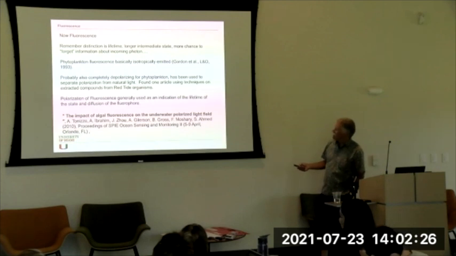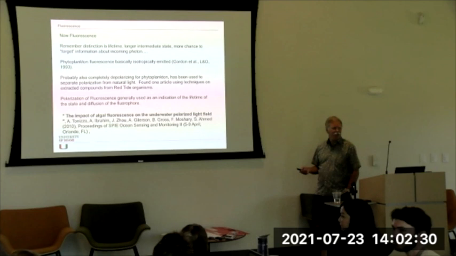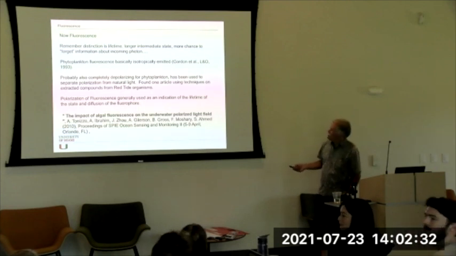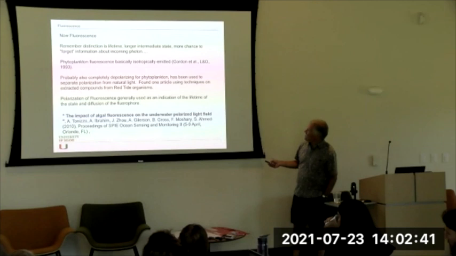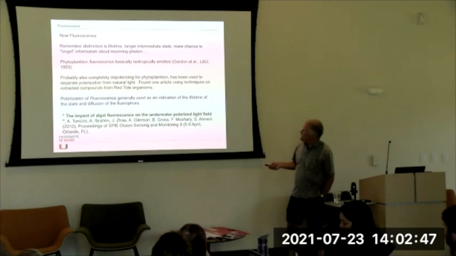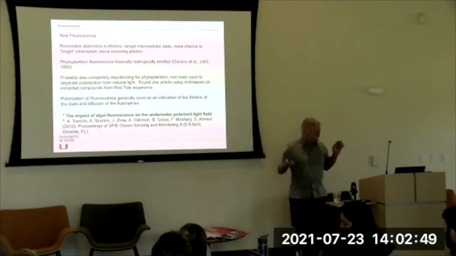There are these guys from City College. Anybody from City College? Didn't we have somebody this year? Okay. So these guys did this paper, and I think there's a follow-on paper on it too. The polarization of fluorescence you can use as an indication of the lifetime of the state and how much things have changed.